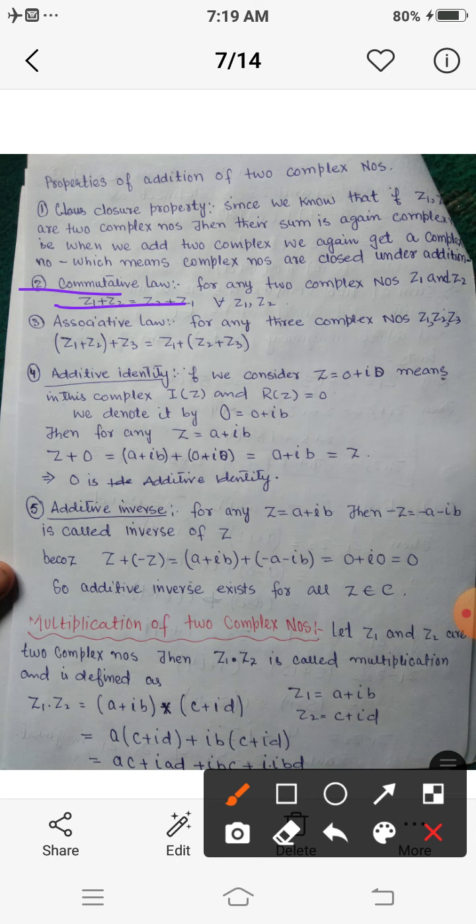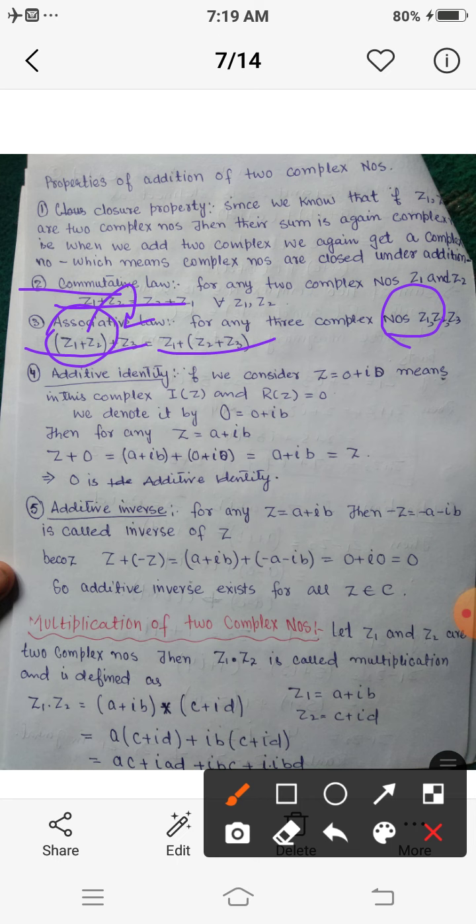Now the third property is the associative property. For any three complex numbers z1, z2, z3, (z1 plus z2) plus z3 equals z1 plus (z2 plus z3). That is, we first solve z1 plus z2, then add the resultant complex number with z3.